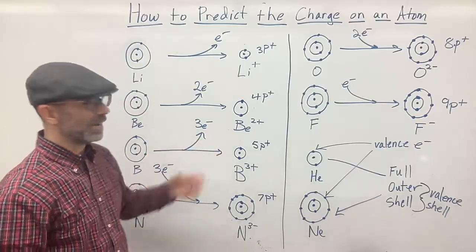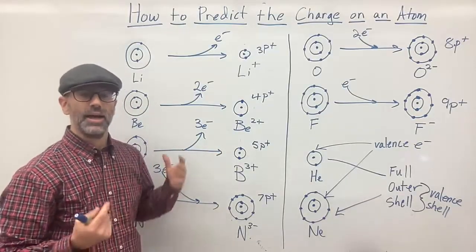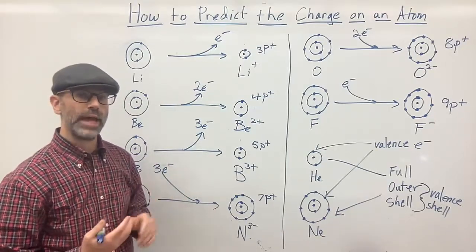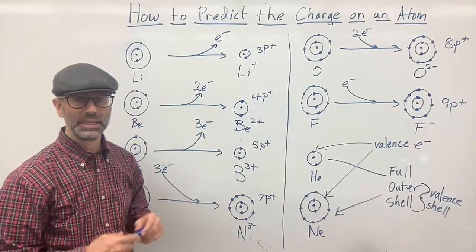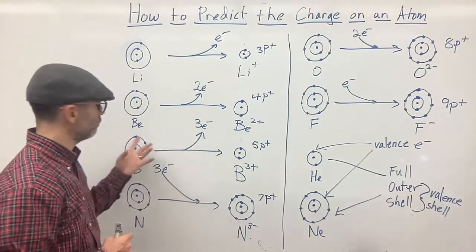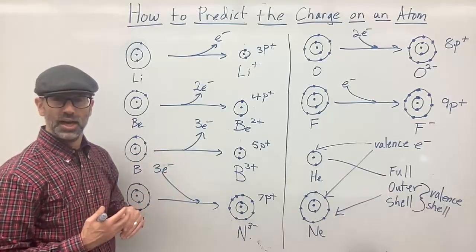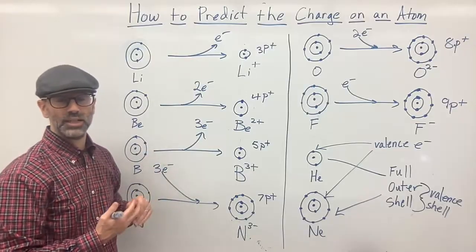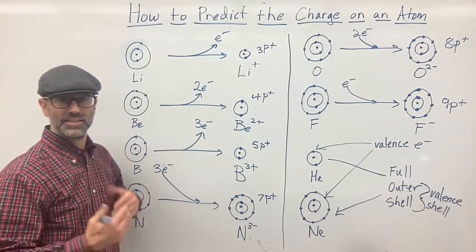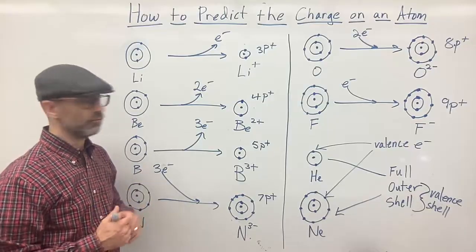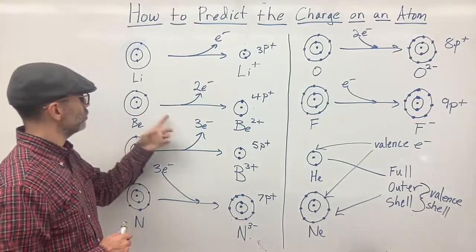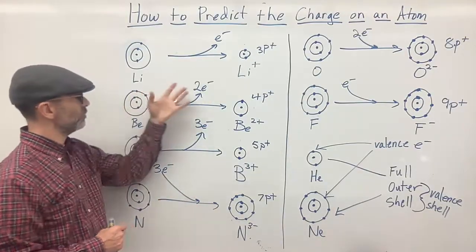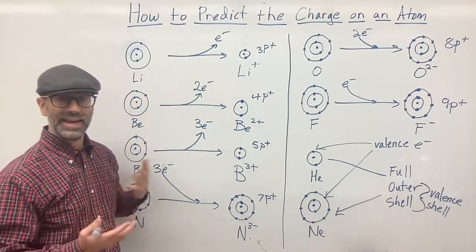And so here, again, the upshot of all of this is that atoms are going to lose or gain electrons in order to be like the noble gas. Whichever noble gas is closest, that's the noble gas it's going to be like. And you can understand that from the fact of which is easier. If you have less than 4 electrons, it's going to be easier to lose those electrons than to gain 6, 7, or 8 electrons, or 5, 4 electrons, and so on. So this is how you can understand whether or not an atom is going to lose or gain electrons and get that charge.